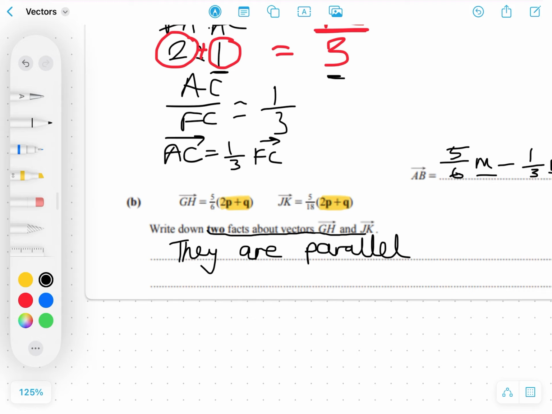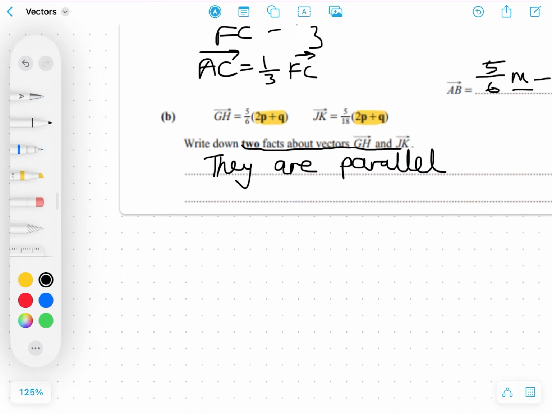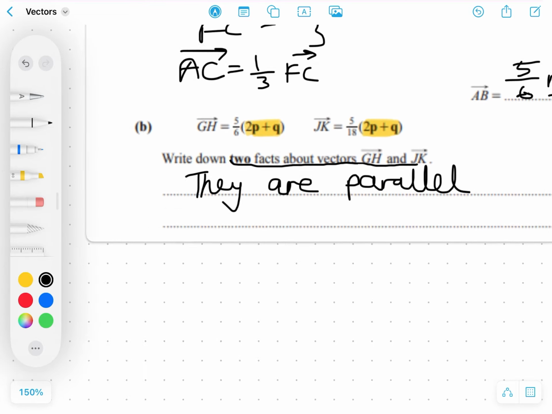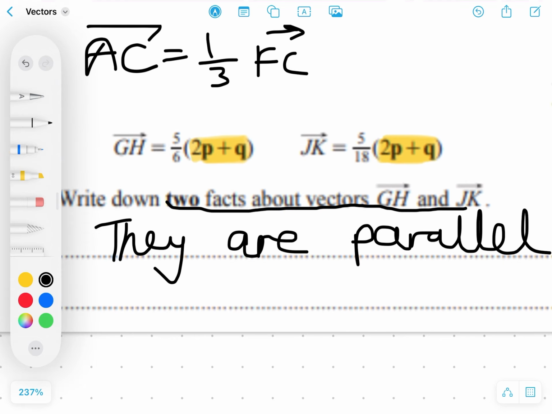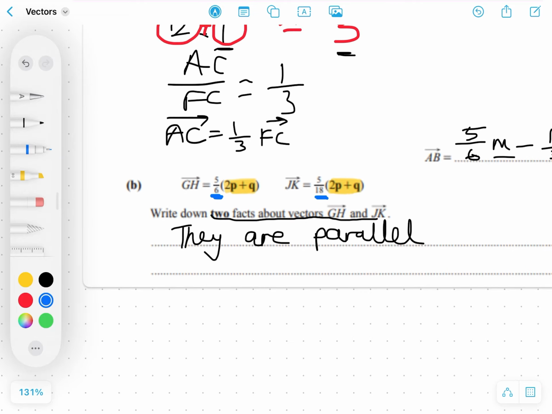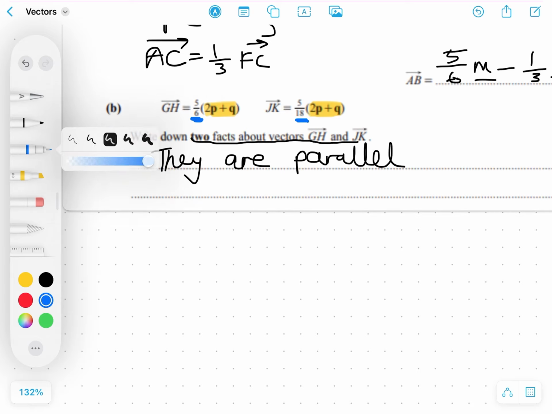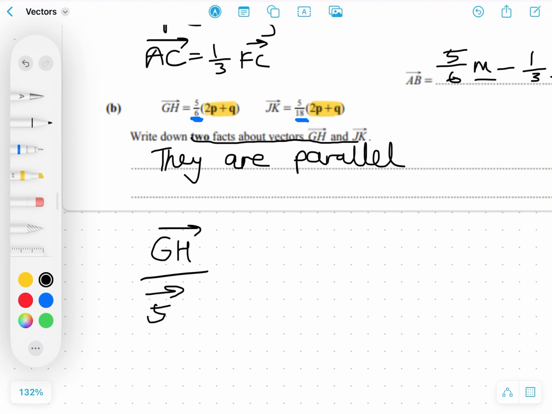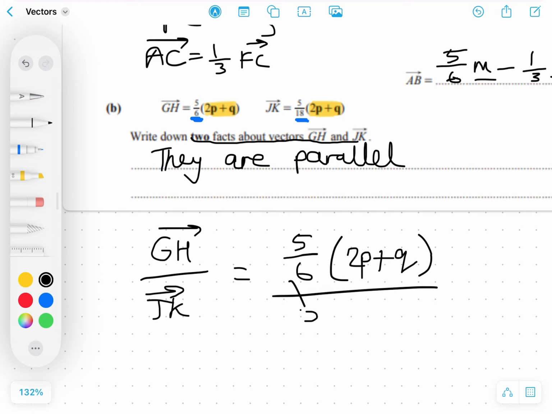Now the second thing to say is we have to consider the magnitude. The magnitude is the size of the vector. Well, we can see from this that GH is clearly larger than JK, since 5/6 is a larger fraction than 5/18. But now if you want to specify that, we can say that the vector GH over JK is equal to 5/6 times 2p plus q over 5/18 times 2p plus q.